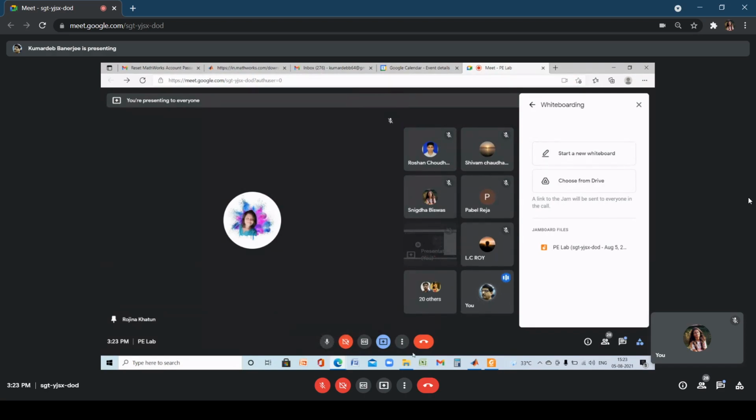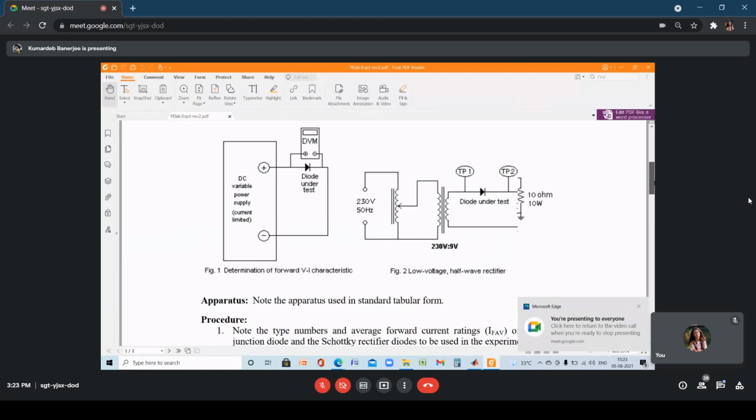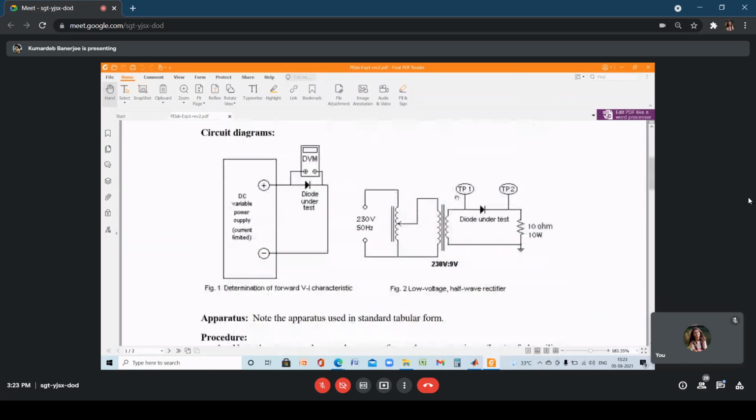Okay, so if we go back to this diagram, the write-up says that you are required to set the secondary voltage first to 2 volt RMS and then to 4 volt RMS. The transformer is 230 volt to 9 volt RMS.